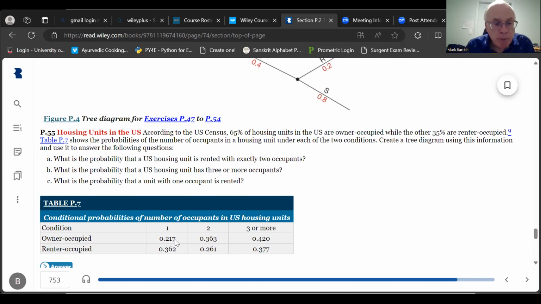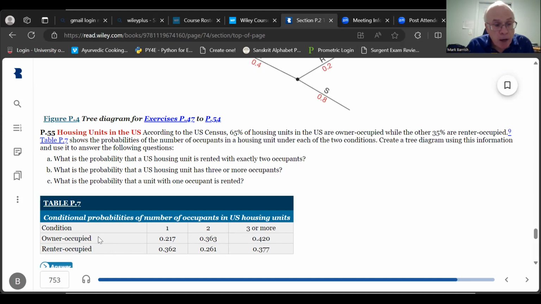Running across the top it says 1, 2, and 3 or more. That's the number of occupants in the housing. So 1 means that house only has 1 person, 2 means 2 people, and 3 or more means 3 or more people are living there.